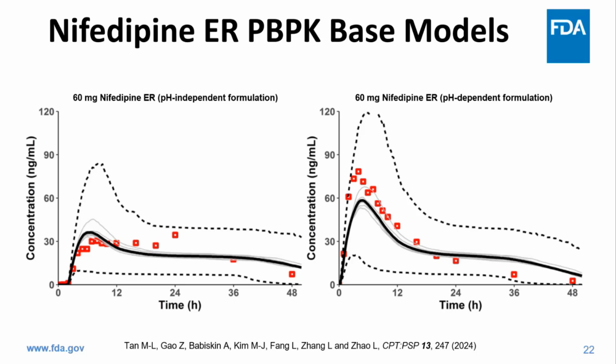On the left is the result with the pH-independent formulation, while on the right side is the result for the pH-dependent formulation. The solid lines are the simulated mean values, dotted lines are the 5th and the 95th percentiles, and the green lines are for different trials. Data points shown here are the clinically observed values that I just showed you earlier.